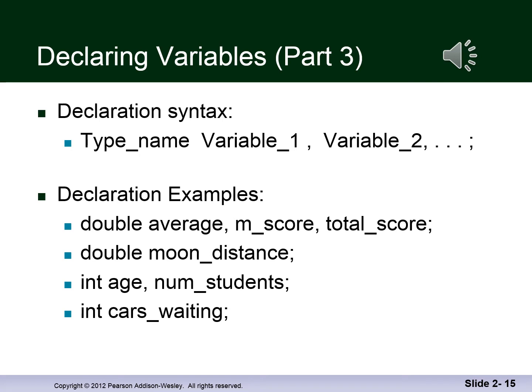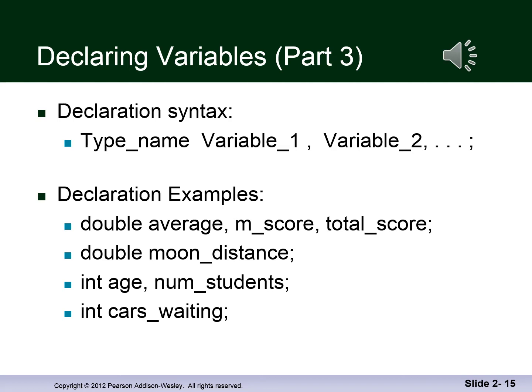Here's some declaration examples. Here we're defining 1, 2, 3 doubles in the first line. Double average, comma, that's one variable of type double. Then max score and total score.